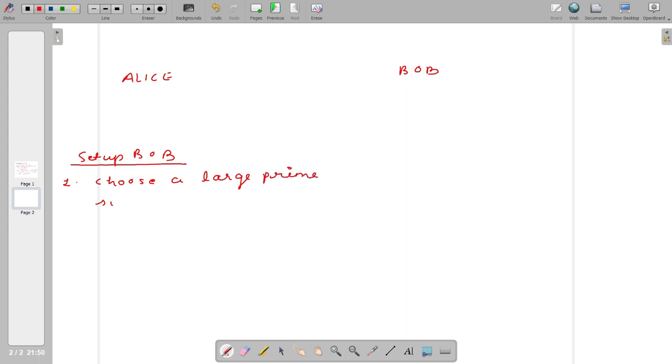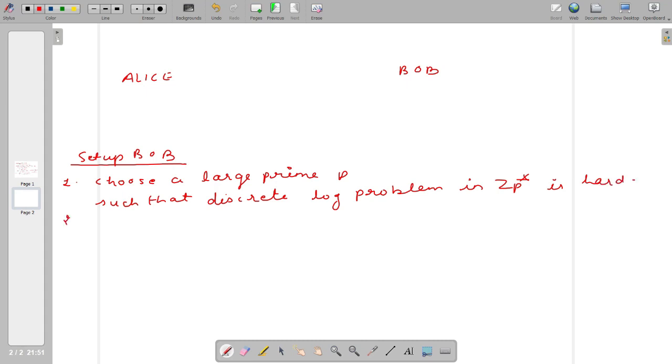Choose a large prime, let's say p, such that the discrete log problem in Zp star is hard. So it should be such a large number that the discrete log problem in Zp star is hard.